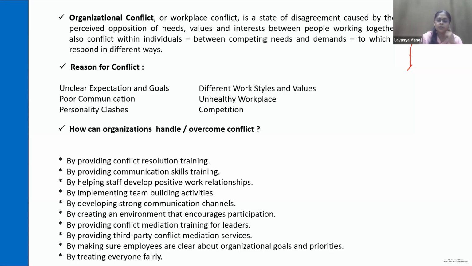And conflict mediation training for leaders. There are team leaders and managers, so they can be trained on how to handle conflict between their subordinates or between the employees.